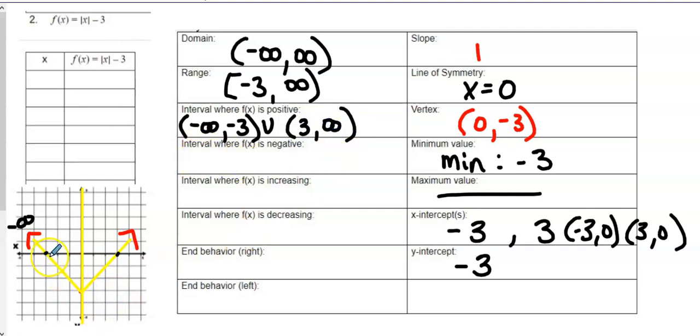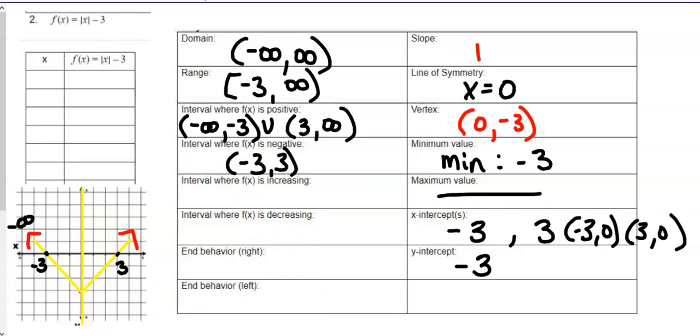Where it's negative is down here underneath, and that goes from negative 3 to positive 3. I hope I graphed it right. I think that's right. I know this is fast. We're going to go back over this tomorrow.